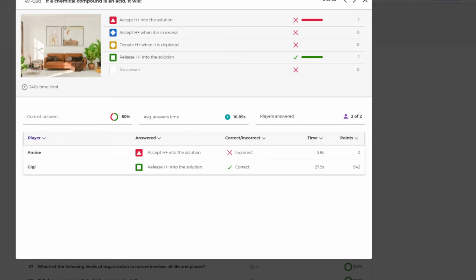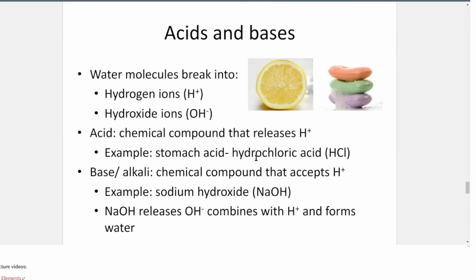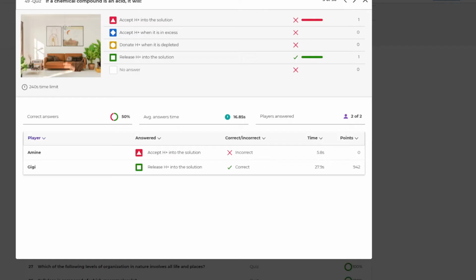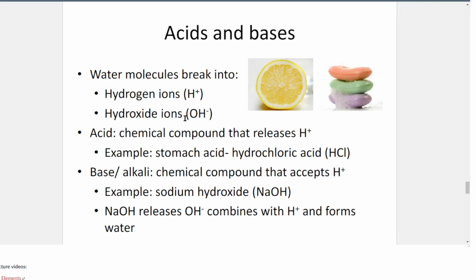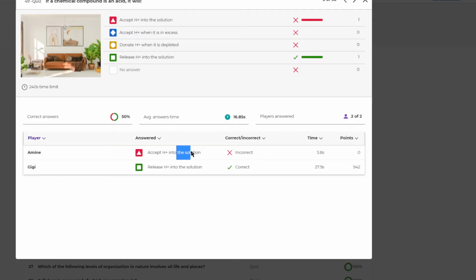So pH is kind of confusing, so let's go back to the pH. Acids release and bases accept. So if you look at the question and it asks if a chemical compound is an acid, we can already look here. Acids release hydrogen, not accept.